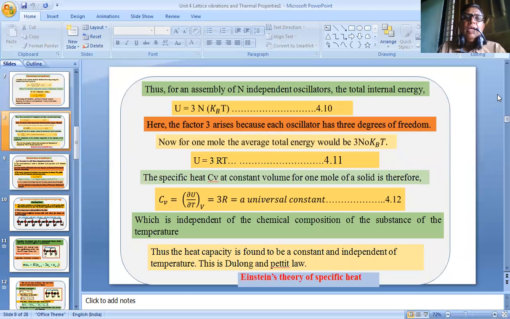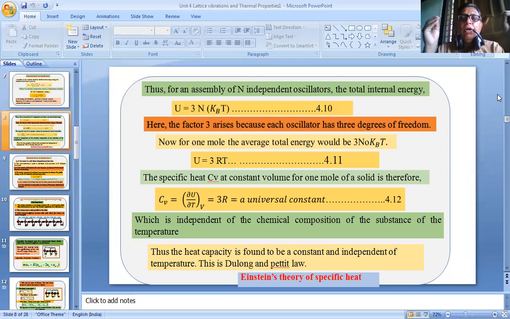Thus, for an assembly of N independent oscillators, the total internal energy U is equal to 3N kBT. The factor 3 arises because each oscillator has 3 degrees of freedom.